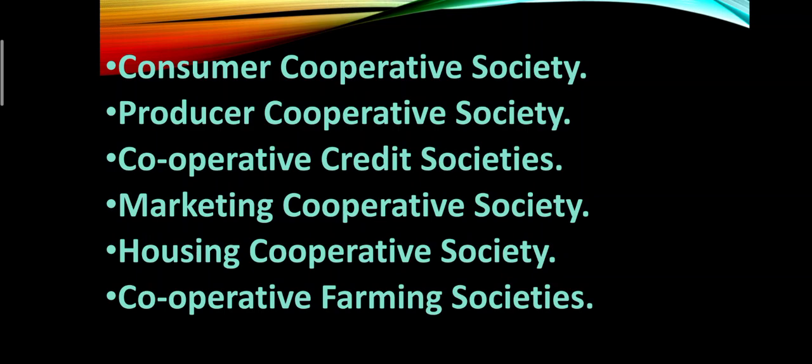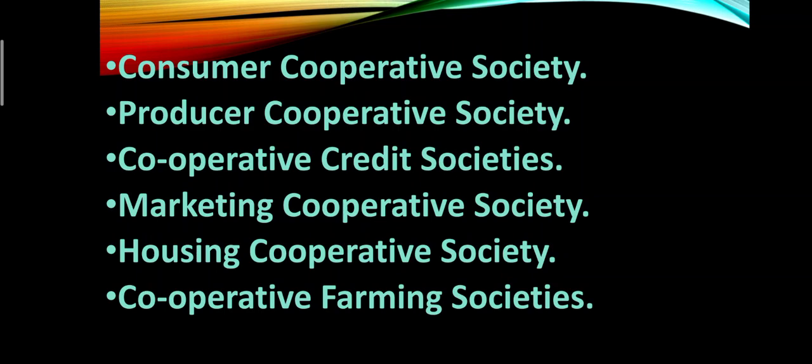These societies eliminate middlemen and help the members to secure better price for their product. The next one you have Credit Cooperative Society. This cooperative protects members from the clutches of moneylenders by providing short term finance.